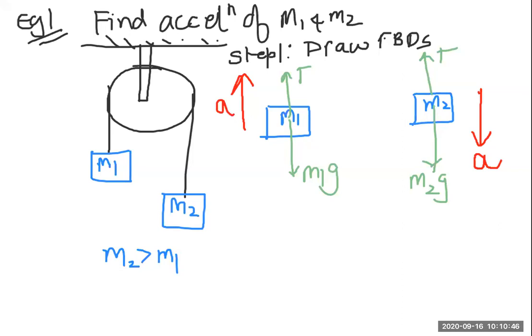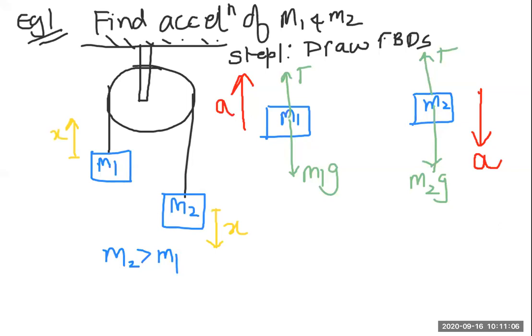What I notice is that if this guy M2 comes down by a distance of x, right, and they are connected to each other by a string which is fixed in length, this tells me that this block will go up by a distance of x.